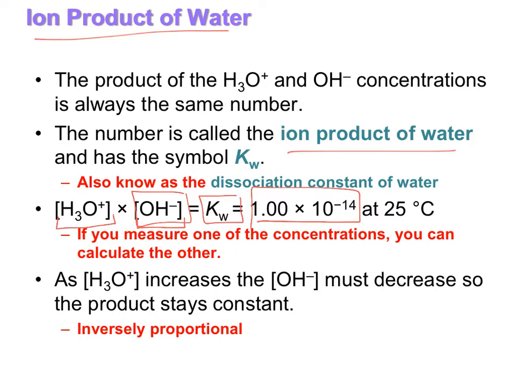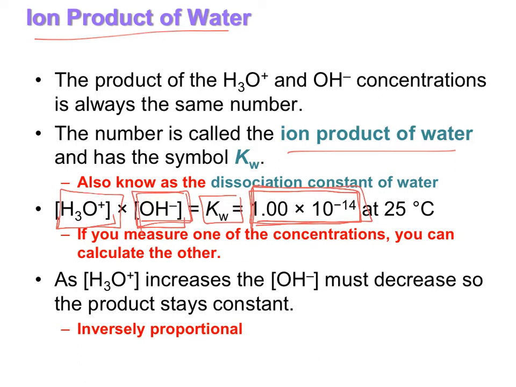And if we measure a concentration of one or the other, we can calculate whatever unknown you have. Because we know that overall Kw is always equal to this, the concentration of both of our ions, hydronium and hydroxide, is equal to this at 25 degrees C in water. If we measure one of them, we can find the other.